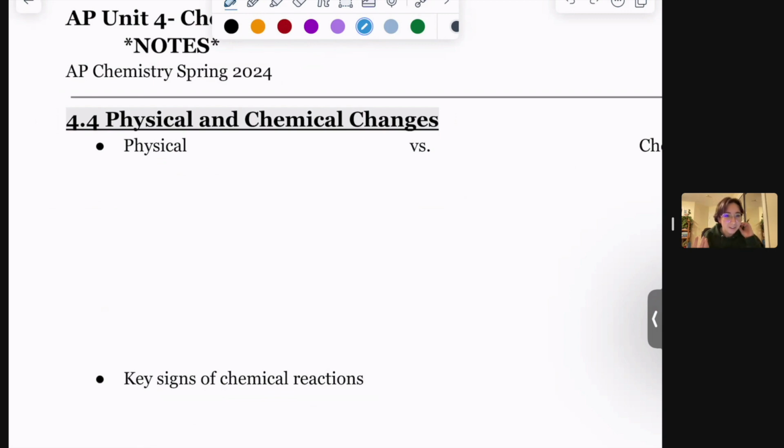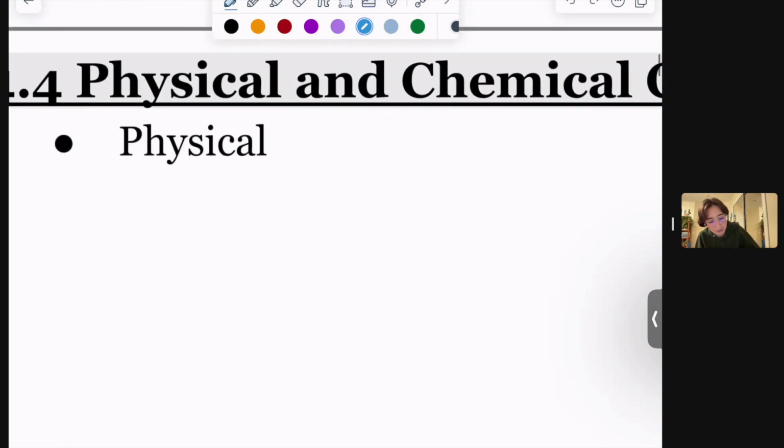So first thing I think we should talk about is what is a chemical change versus a physical change. Again, hopefully this sounds kind of familiar. A physical change is some kind of process where there's no change in chemical composition.